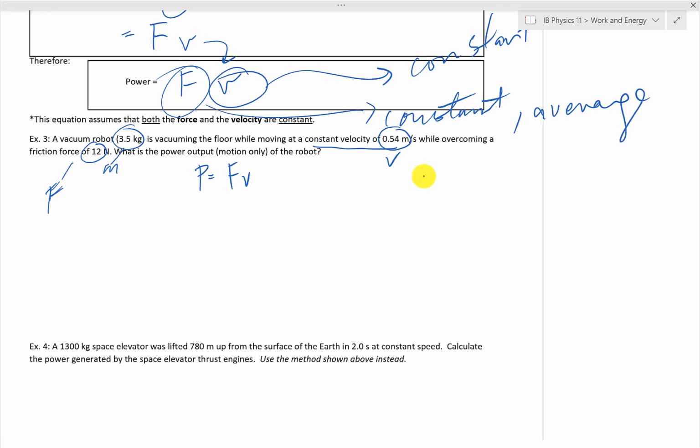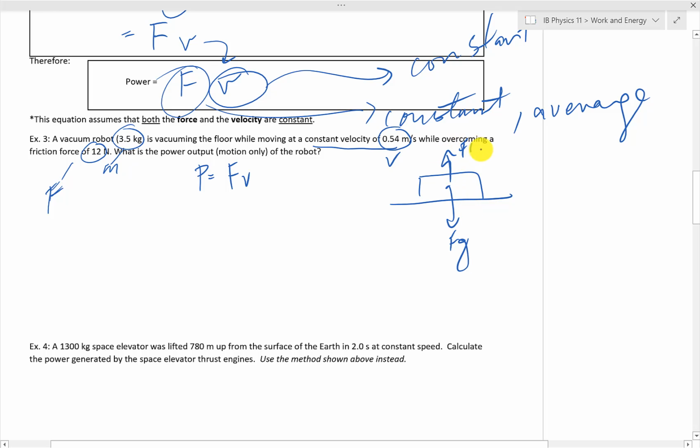But what we can do is draw a free body diagram to show that. Here we have the force due to gravity, we have the normal force, which we don't really care about, but we do know that the robot is moving forward at a constant velocity.